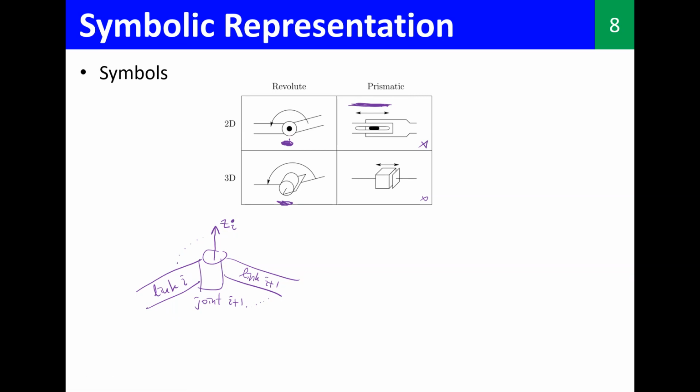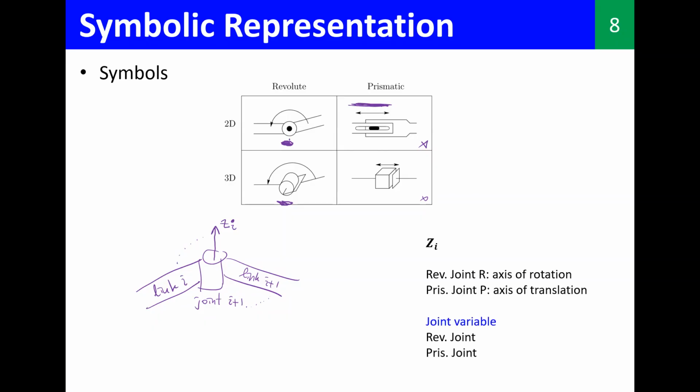Okay. Now, let's say we have a revolute joint, okay? In a revolute joint, this Z i actually tells us the axis of rotation, okay? So this Z i over here, this one, tells us the axis of rotation.